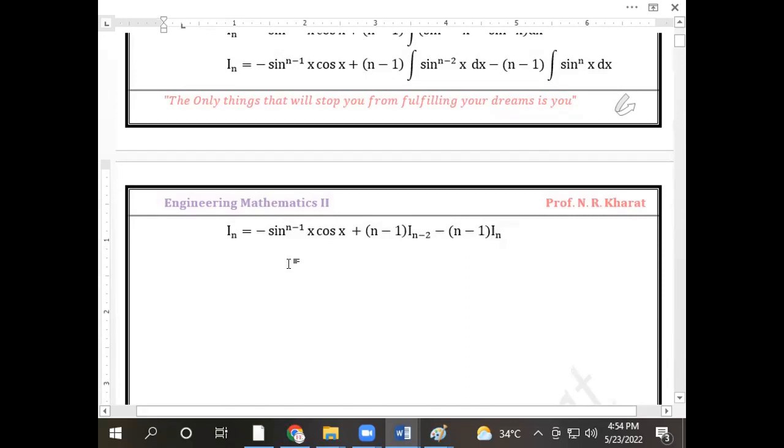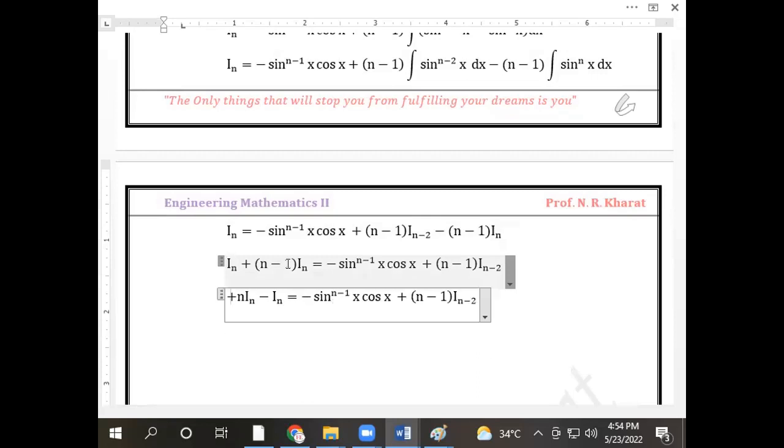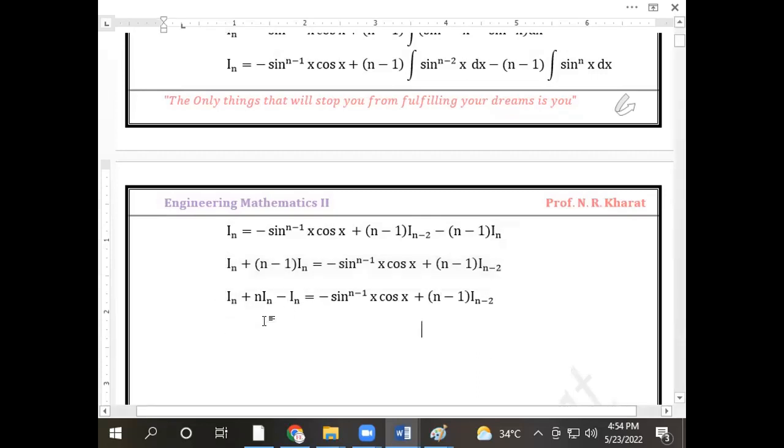The I of n is shifted to the left hand side, and by simplification we get the standard reduction formula for the sine function. The n in cancels, and n times I of n remains on the left hand side; the right hand side remains as it is.